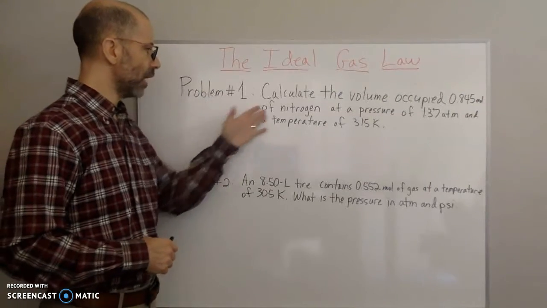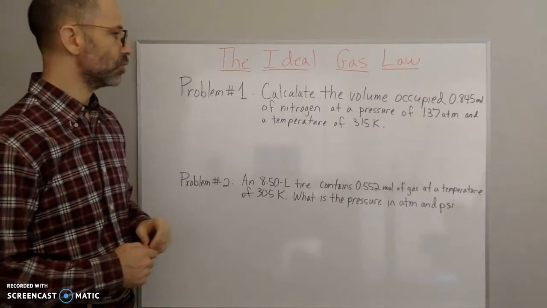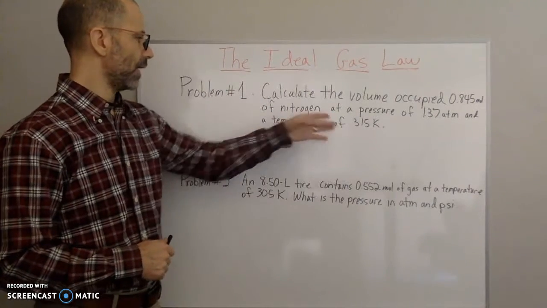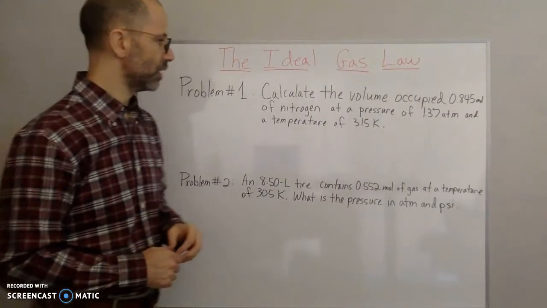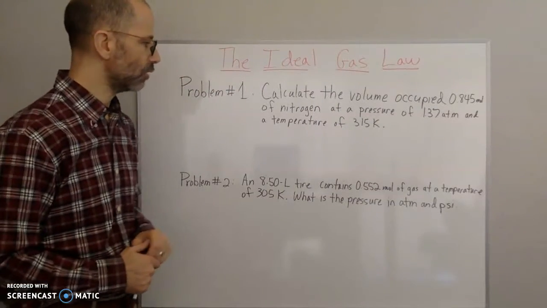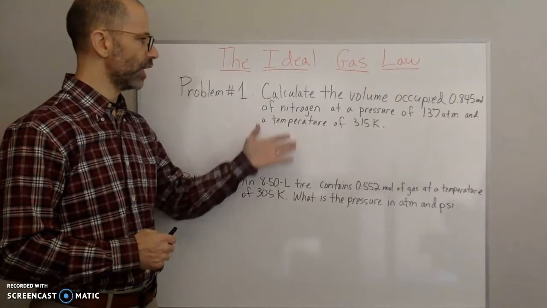So it says calculate the volume occupied by 0.845 moles of nitrogen at a pressure of 1.37 atmospheres and a temperature of 315 Kelvin. Now, you'll notice right away that there's no change going on.